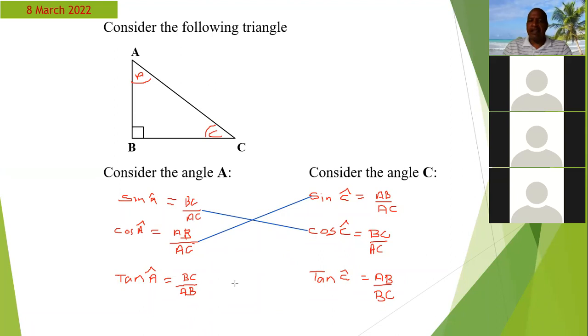Sorry, the cos of angle C should be the same as the sine of angle A. And the cos of angle A should be the sine of angle C. So if you bear that in mind, if you know the sine of one of the acute angles, you would be able to determine the cosine of the other acute angle. And if you know the tangent of one of the acute angles, you should be able to find the tangent for the other one by inverting the tangent of the known angle.